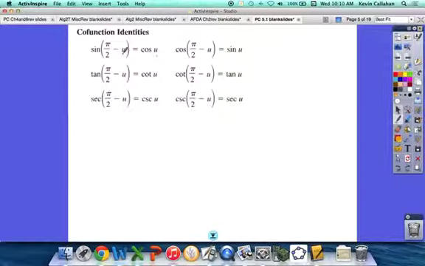Right? If this u was pi over 2, then it'd be the sine of pi over 2 minus pi over 2, which is 0. And the sine of 0 is 0. And the cosine of pi over 2 is 0. So you could figure this out if you were a little confused.